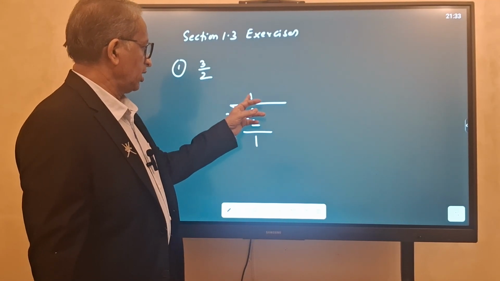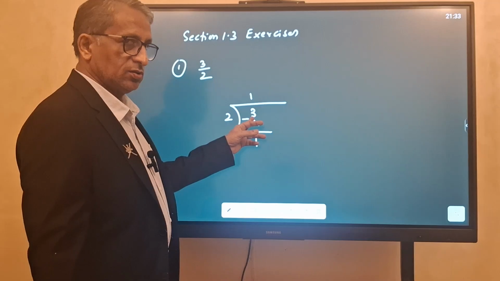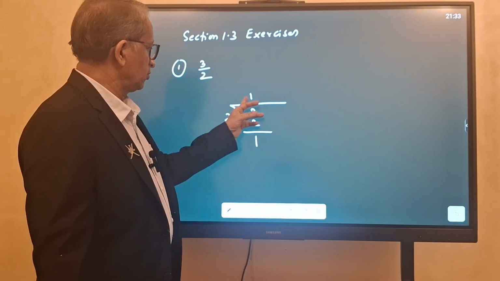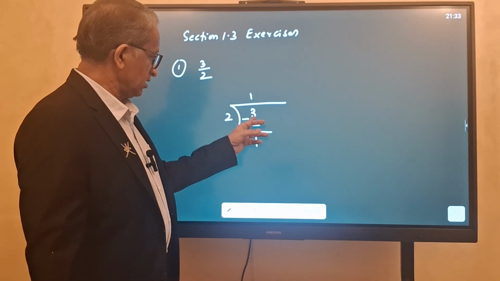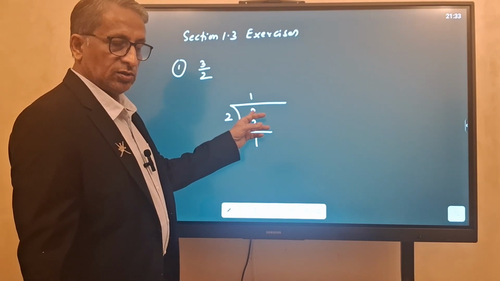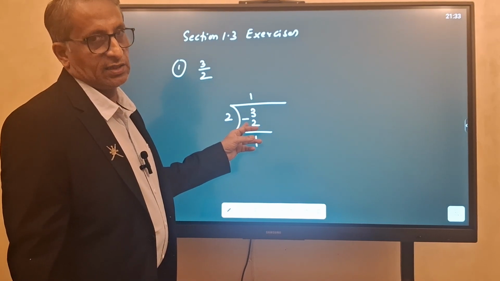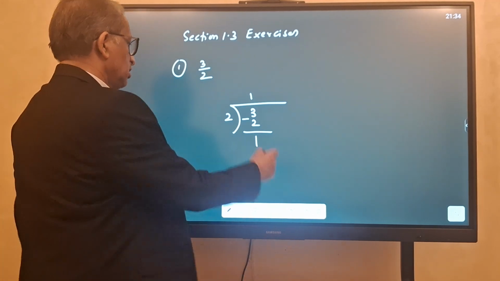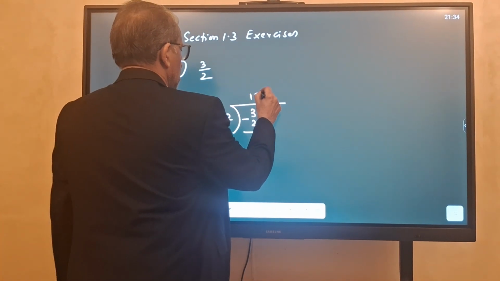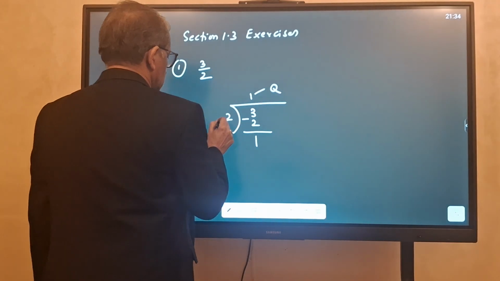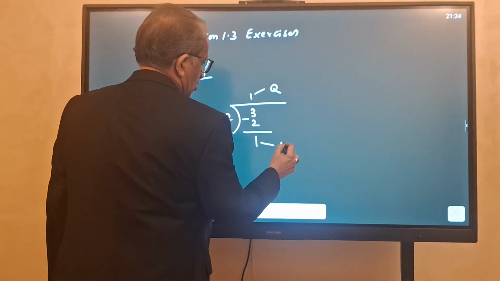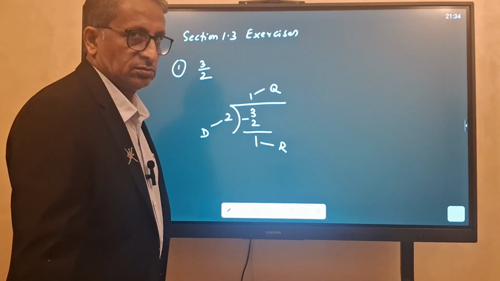I will not take 2 into 2, because 2 into 2 is 4, which is more than 3. So the multiple of 2 has to be taken such that it is either equal to 3 or less than 3, but you have to go nearer to that. So this is called the quotient, this is called the divisor, and this is called the remainder.